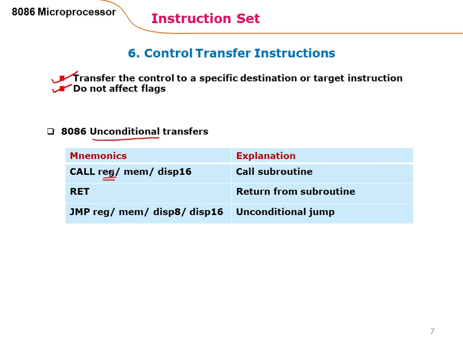At a particular memory location, the instructions are stored for a particular subroutine, or the address may be stored in memory or in a register, or we can directly give the starting address of the subroutine. When we call this address, the control is transferred to the given subroutine.